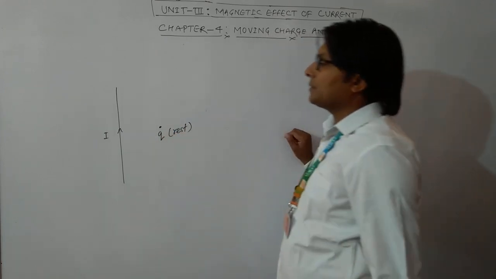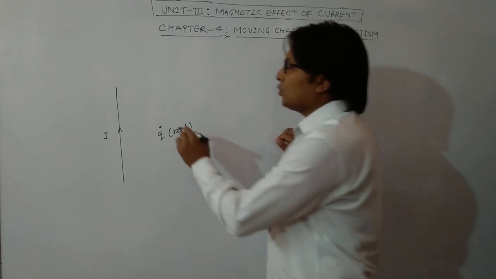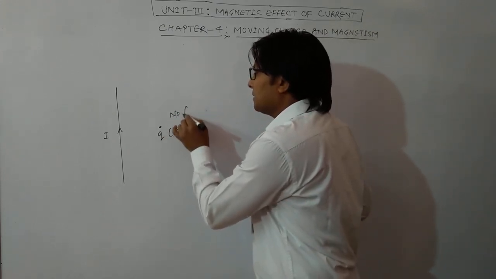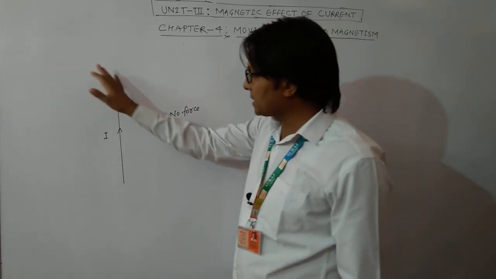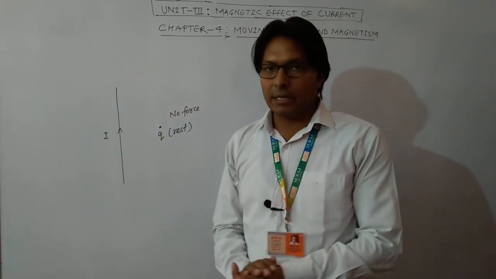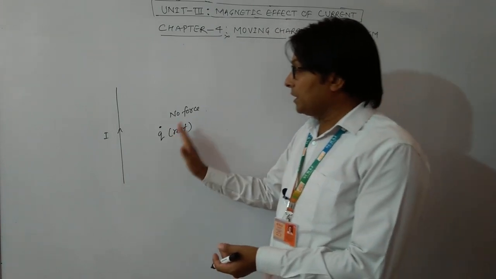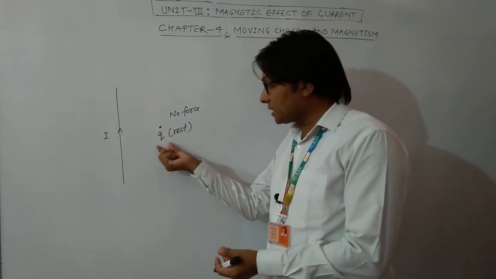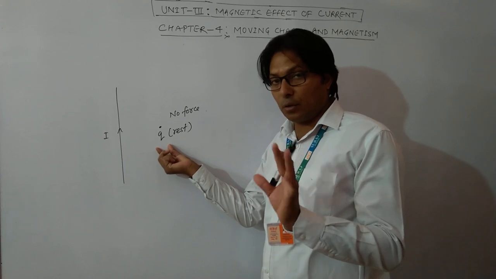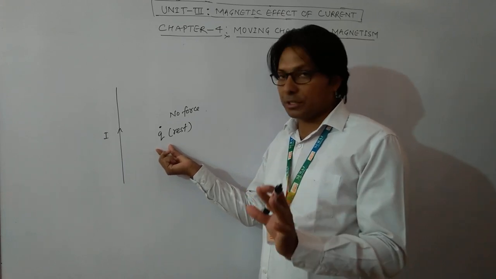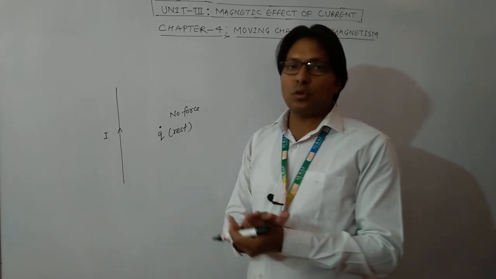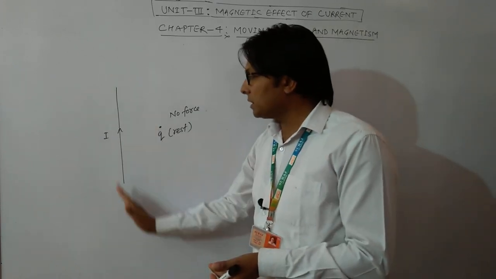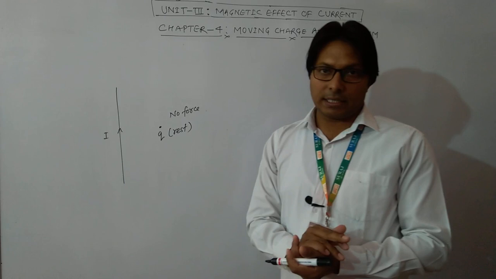So we observe that there is no force exerted on this charge q in the surrounding of this wire. And if there is no force, if this charge q is at rest, we are not talking about the charge in motion. So if this charge q is at rest, this charge experiences no force due to this current carrying conductor.